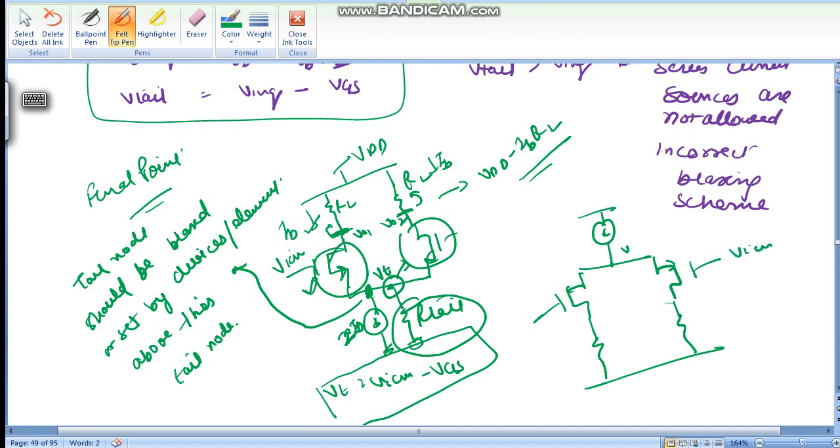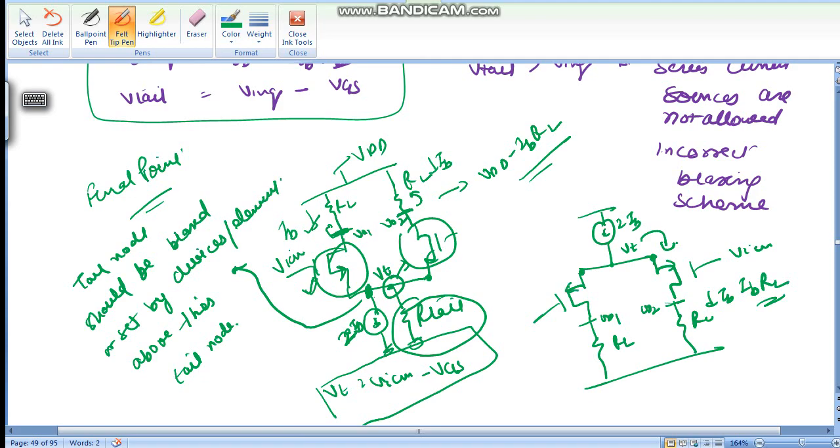This tail node is set by the device below it, and RL is setting the VO1 and VO2 nodes. Say this is 2 IB, this is IB. So VO1 and VO2 is IB into RL. So in the case of PMOS it is opposite.